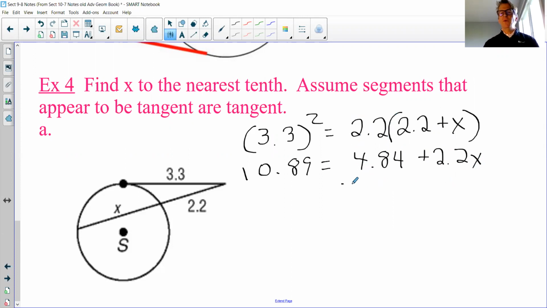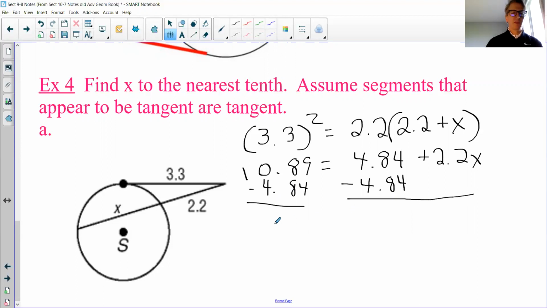Okay, subtracting 4.84 from both sides of this equation brings you to 6.05. Divide by 2.2 on both sides, and you end up with your x as 2.75.